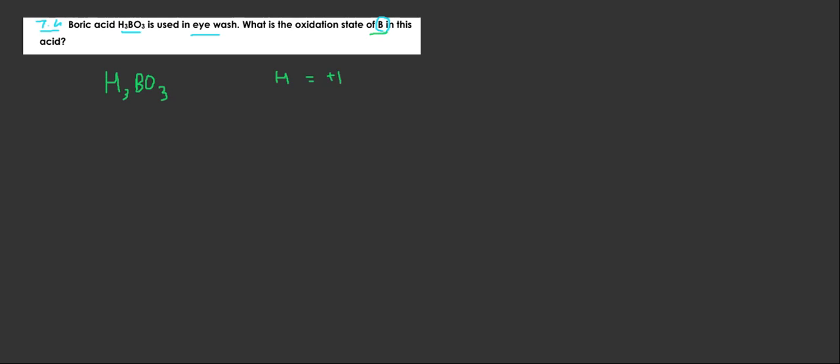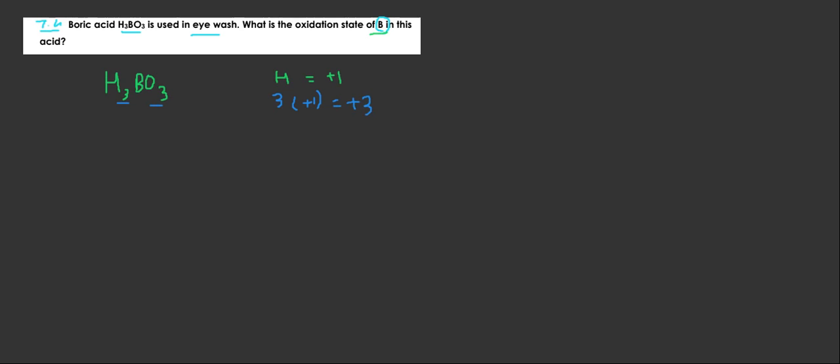How many hydrogen atoms are there? We have 3 hydrogen atoms, so we have to multiply 3 by +1. So 3 multiplied by +1, you will get +3.